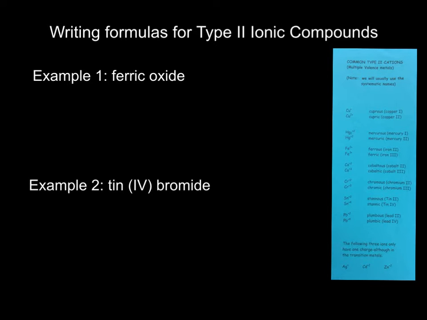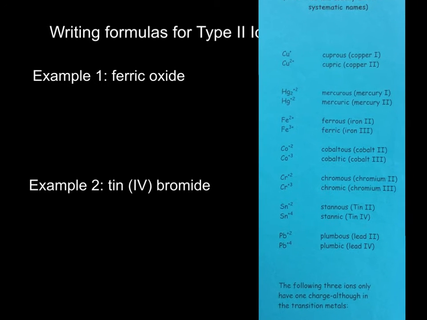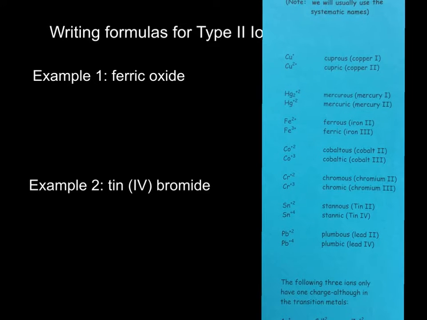Well, I'm going to give you a copy of this chart in class, and we can see here that copper, mercury, iron, cobalt, chromium, tin, and lead have multiple charges. They also have two kinds of names. They have the Latin name, such as cuprous, or copper 1 is the English name, and we use them interchangeably.